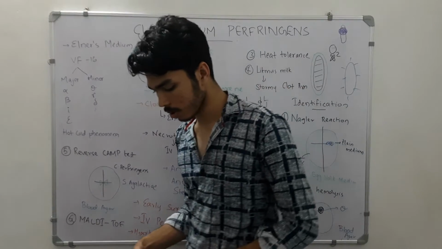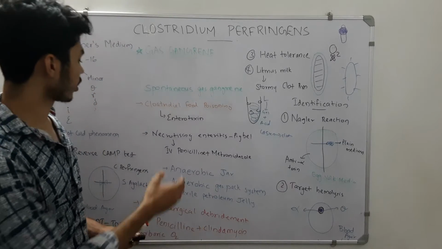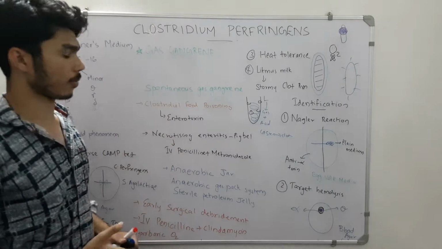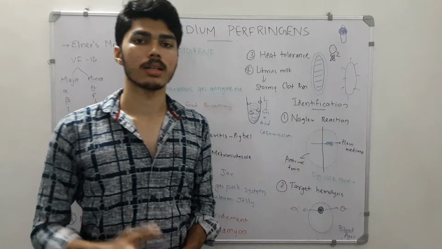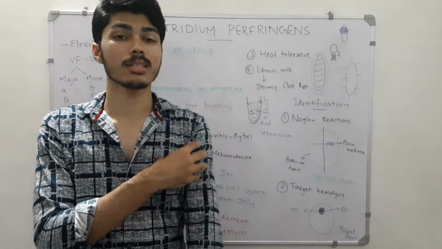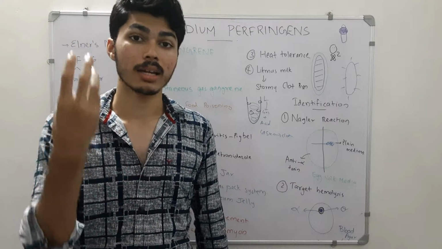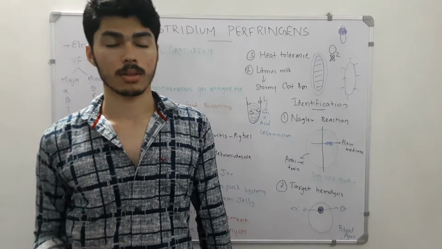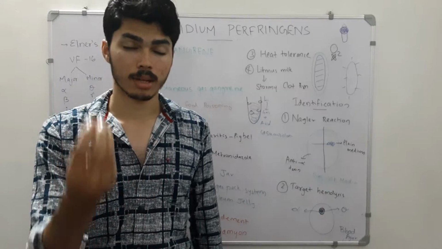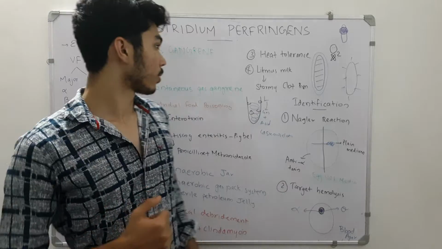Now I will be talking about gas gangrene. So what is gas gangrene? It affects the skeletal muscles. It is anaerobic myonecrosis: anaerobic, acting on muscles, so myonecrosis.